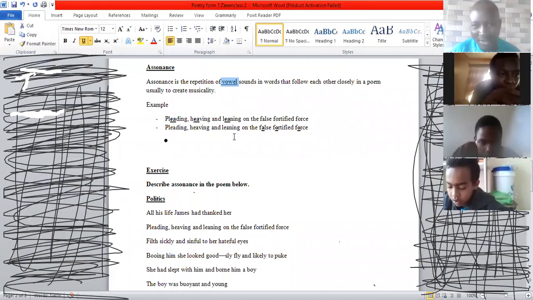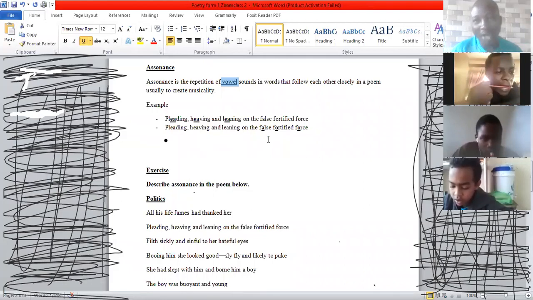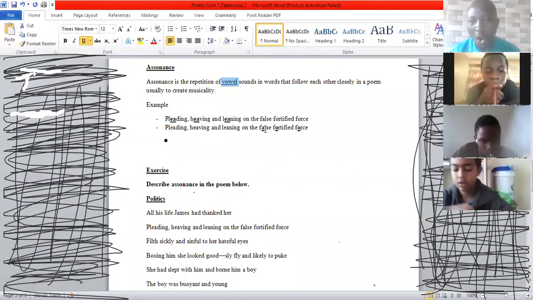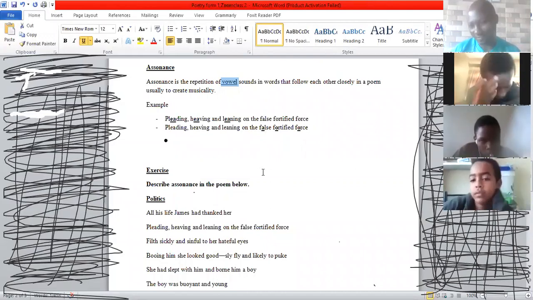In the same line, we may want to look at another sound, which is actually the sound O. And here, Andres, is where I want you to see why we are not concentrating on letters, but the sound. Look at the word "false". The letter here is A, but the sound is O. So we pick it.